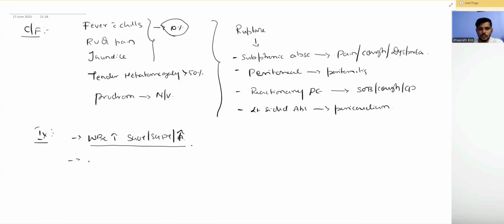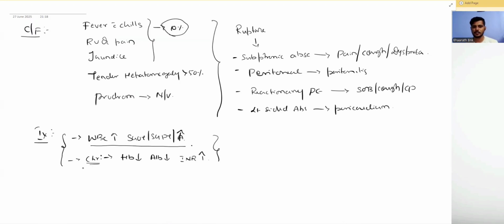And if it is a chronic infection, sometimes there can be chronic liver abscess also. And you know that the chronicity manifests as anemia and hypoalbuminemia. And sometimes INR will also be deranged. INR will be high. Right? In acute, it is easy to find out the cause, but in chronic, usually the cause remains cryptogenic. So these are the blood investigations.